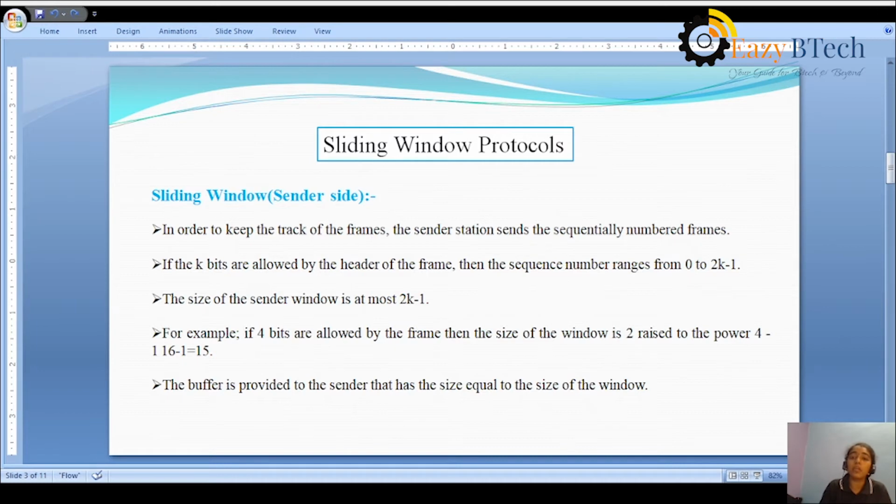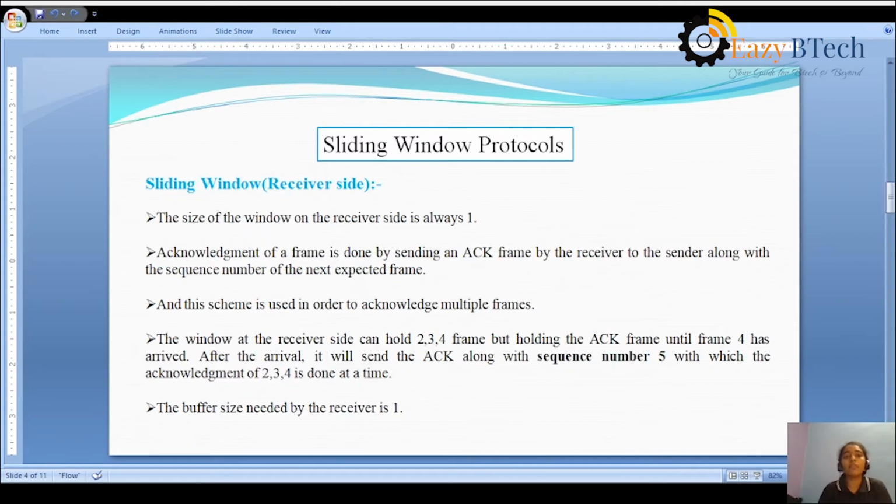It also includes the number of the next frame he wants to receive. So this is the sender side and the receiver side. The size of the window at the receiver is always 1, because only whenever the data is received does the particular window move.